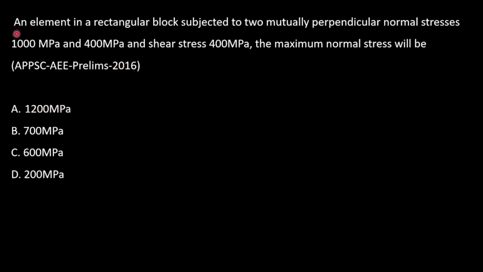Next question. An element in a rectangular block is subjected to two mutually perpendicular normal stresses of 1000 megapascal and 400 megapascal and shear stress of 400 megapascal. The maximum normal stress will be.